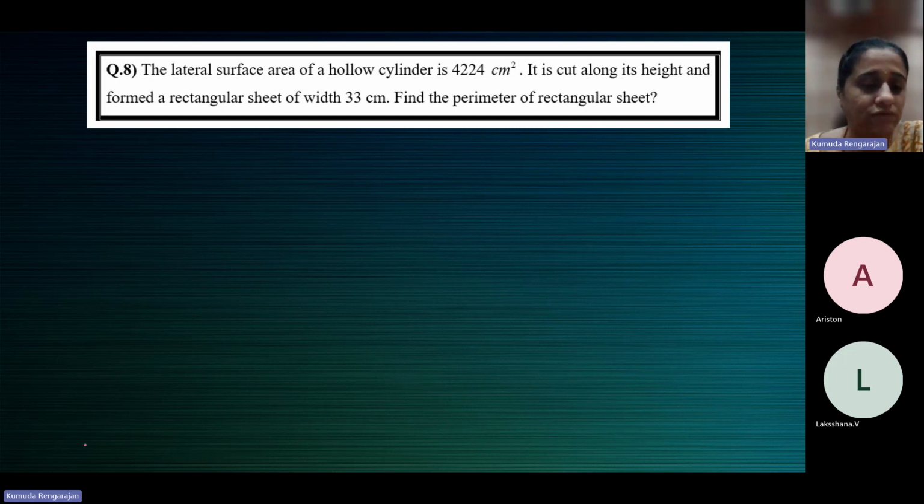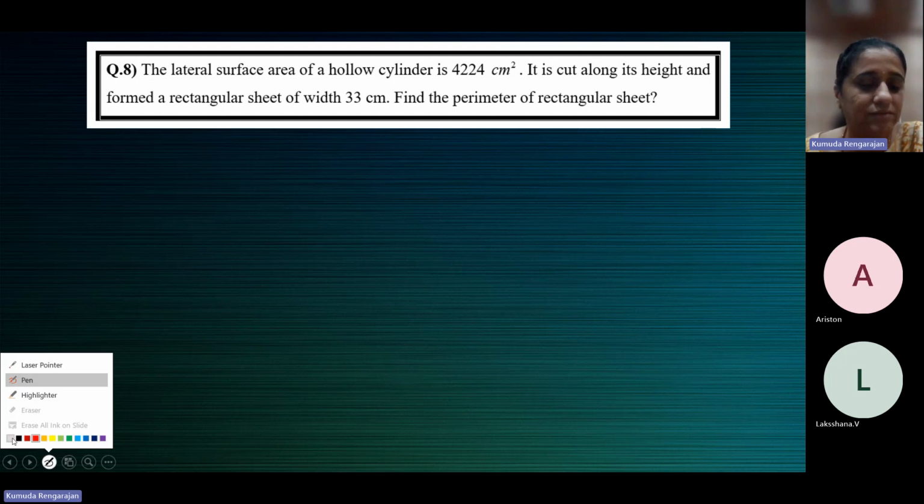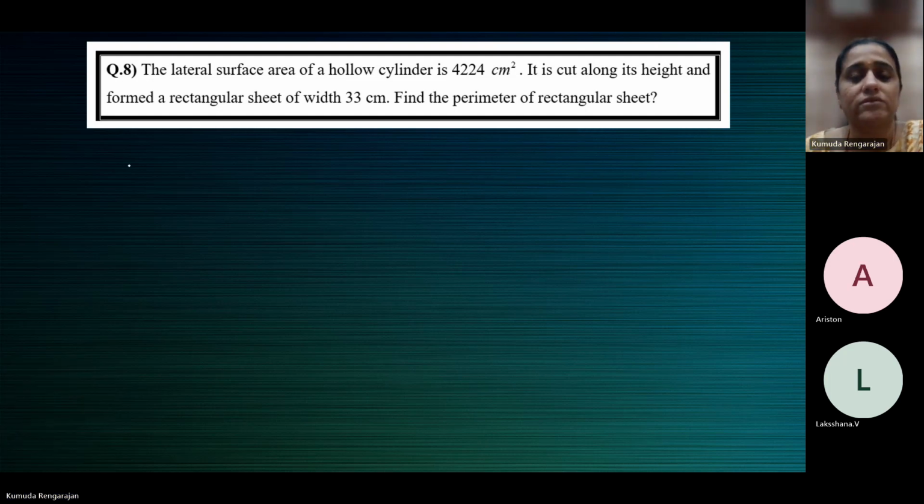So the formula to find the CSA of a cylinder is 2 pi RH. So the value of 2 pi RH is given to us. 2 pi RH is equal to 4,224.